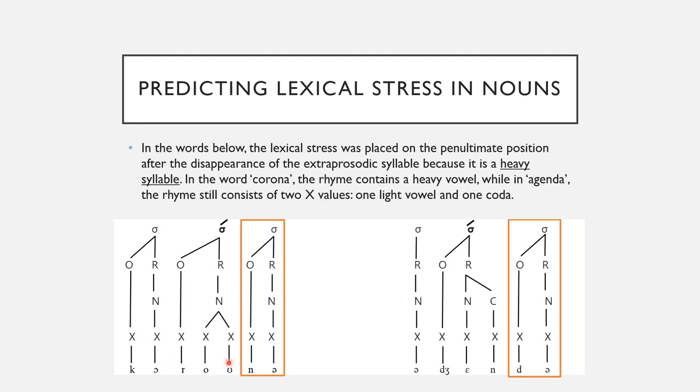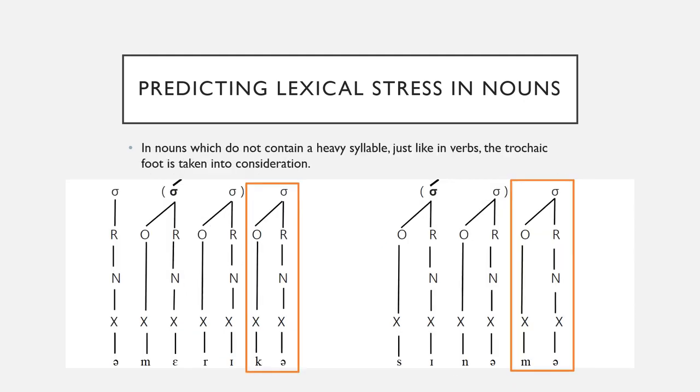In the word corona, the rhyme contains a heavy vowel because it has the diphthong O, while in agenda, the rhyme still contains two X values, one vowel and one coda.